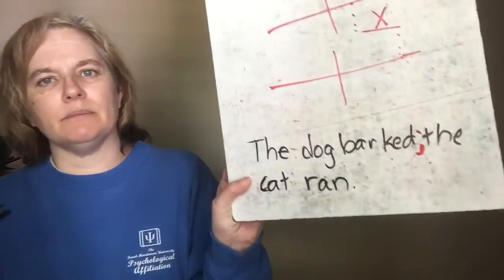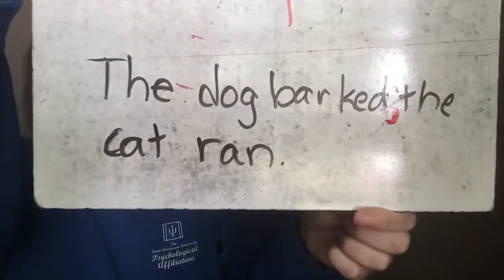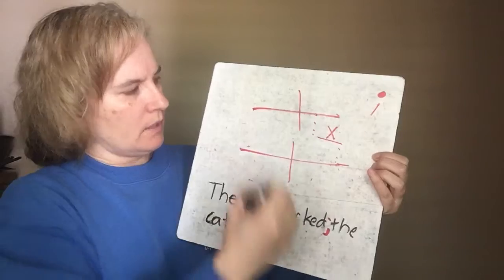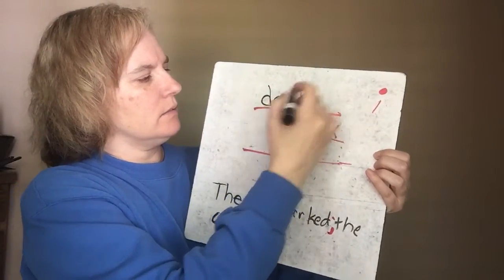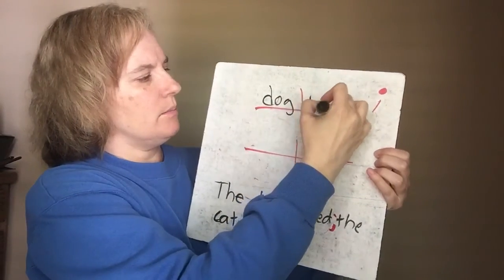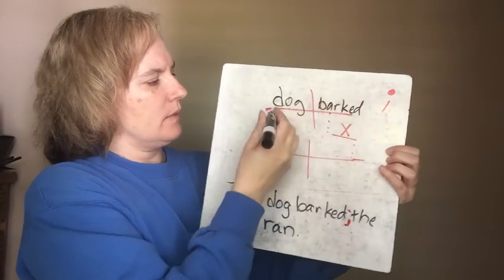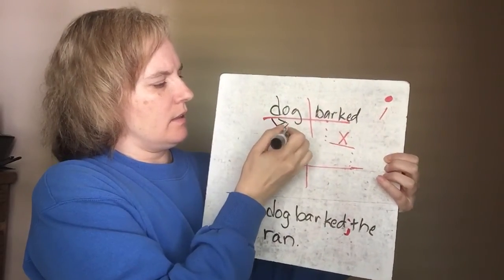Go back to the red, it'll show up a little bit more. See? And then when I diagram that, you see I've already got my X there. Dog barked the.